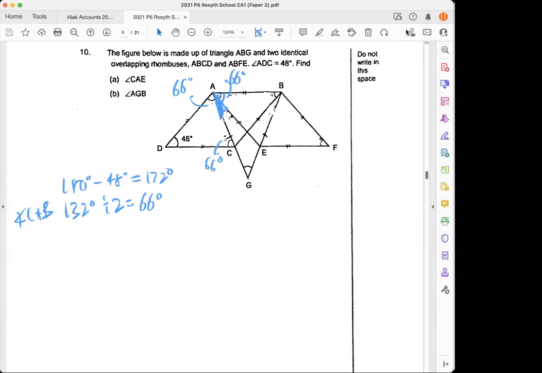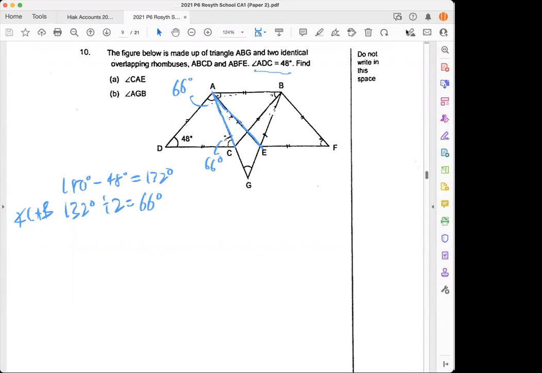CAE will be 66 minus 48. Let me clear these pictures, otherwise it's very confusing for everybody. CAE is here.